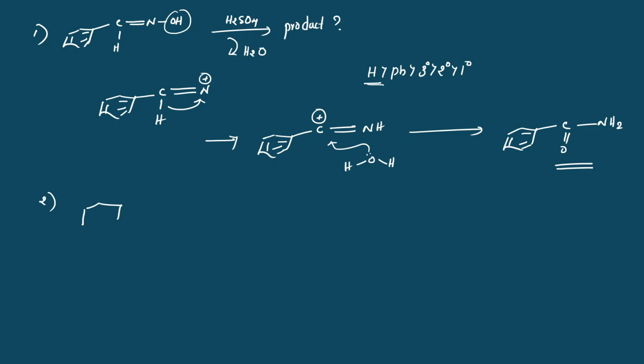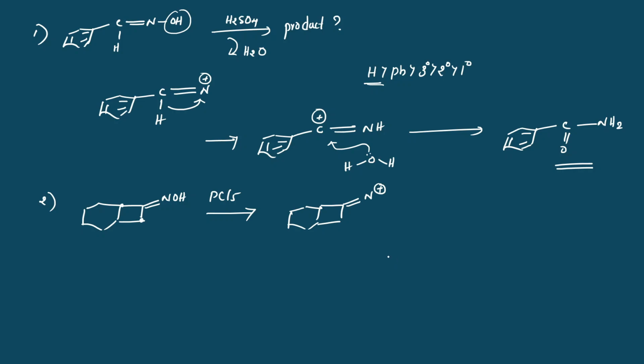So we can try another example. You have a cyclohexane here, which is attached to a cyclobutane, and you have an oxime. This is a ketoxime because both sides are R groups. And if you are given that this is treated with PCl5, this is a dehydrating agent. So the first step is the same. You will end up with a nitrogen here with a positive charge.